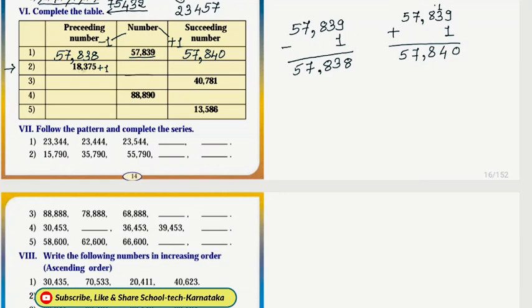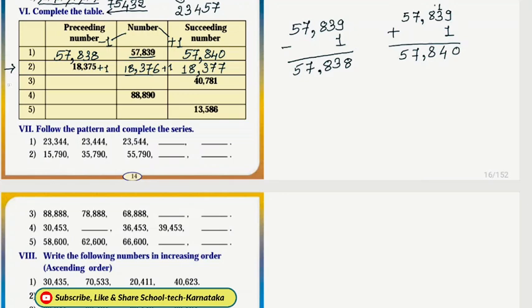So 18,375 is 18,376. And in the same way, to find the succeeding number, we add 1 to this. So it is 18,377.